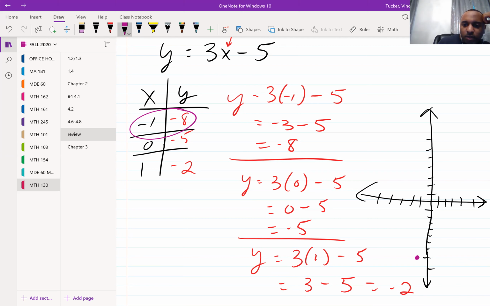It'll be right here. So that's -1, -8. Second point, that's 0, -5. So I don't move left or right because that's 0 for X. Then I go down 5. That'll be right here on the y-axis. Then here, +1, -2. So I'll go to the right 1, down 2. And that will be my line. All right. Everybody okay with that?